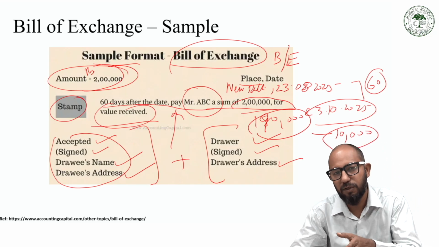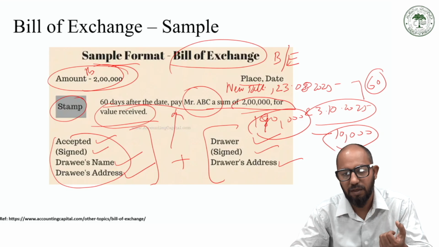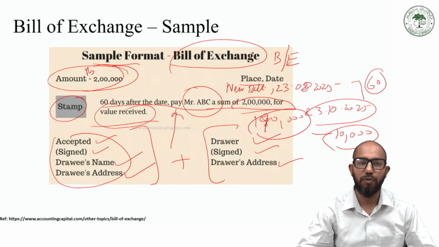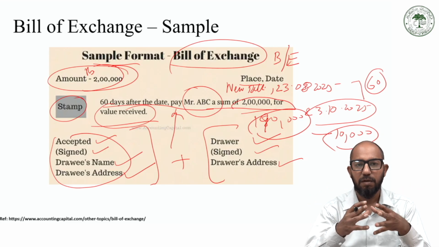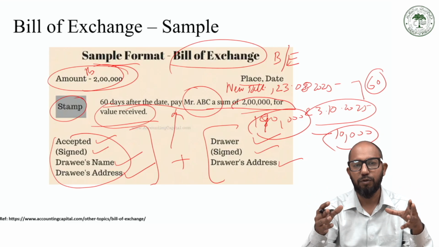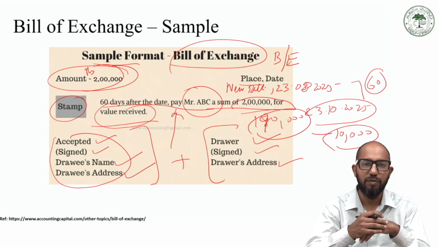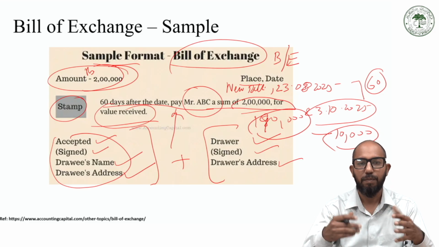And after completion of 60 days, the bank will be taking the total money of 2 lakh from the importer. So you can see this is a very comprehensive document, and this is with the mutual agreement of both the parties, and it is very widely used in international trade for payments.